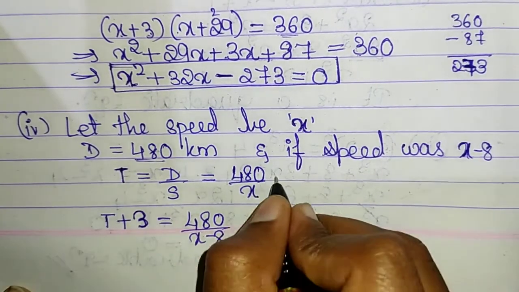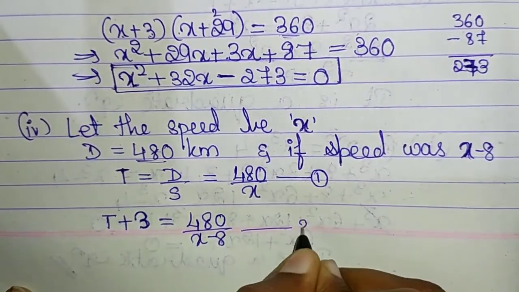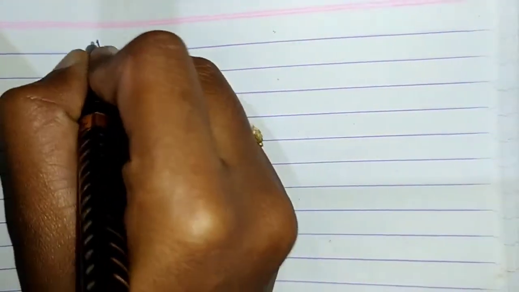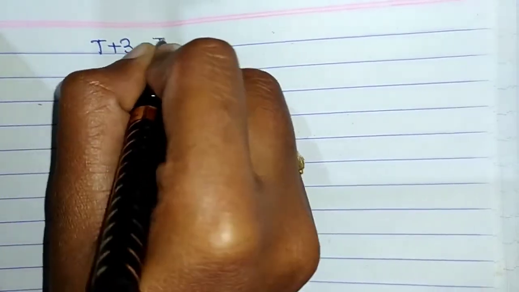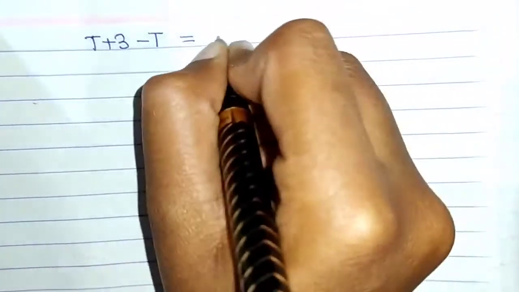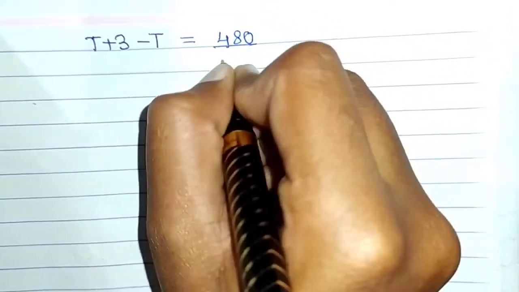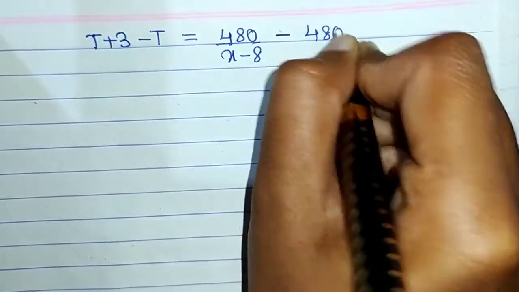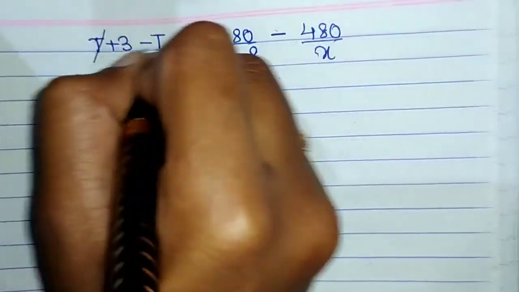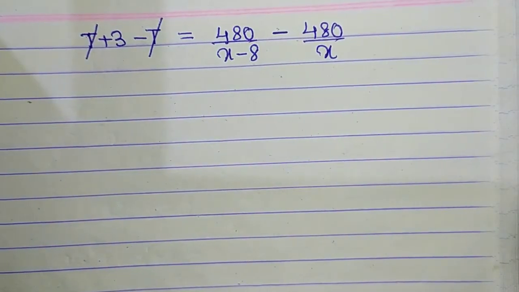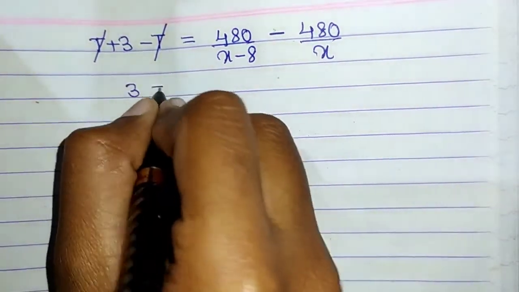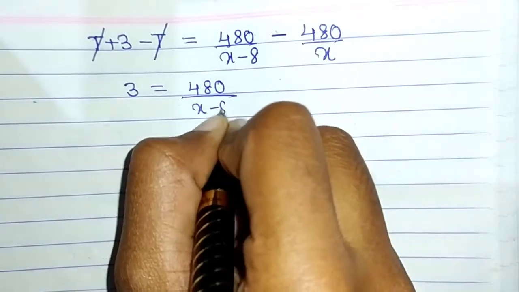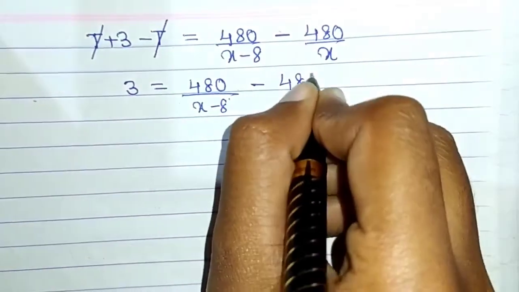So now subtracting equation 1 and equation 2, we get t plus 3 minus t is equal to 480 by x minus 8 minus 480 by x. So t minus t cancels each other. What we have left is 3 is equal to 480 by x minus 8 minus 480 by x.